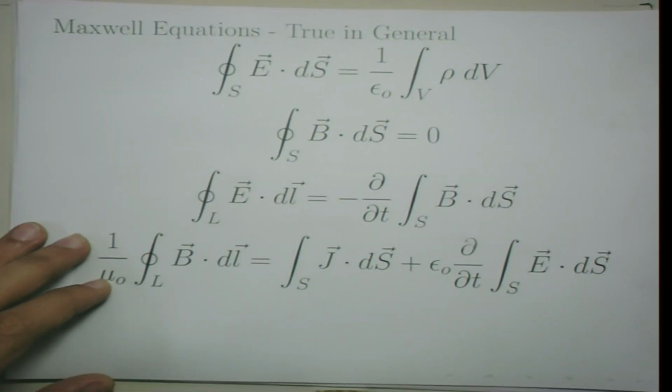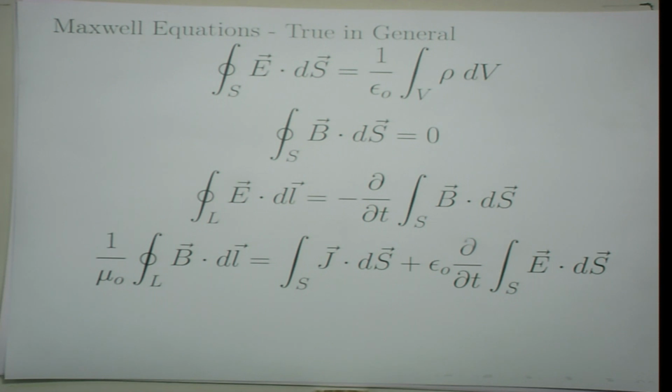Now, we will go back to Maxwell's equations. Let us have a relook at them. These are written in terms of integrals, and although they are easy to state in terms of integrals, they are not very useful when you try to compute the electrical and magnetic fields, especially in a general situation.